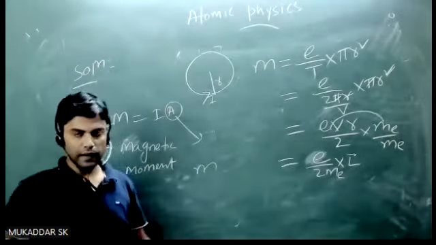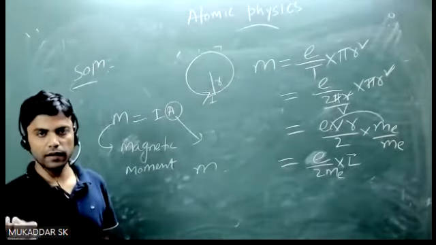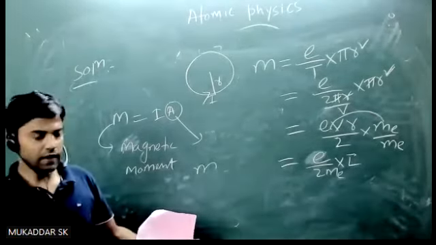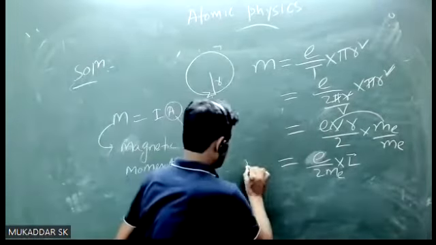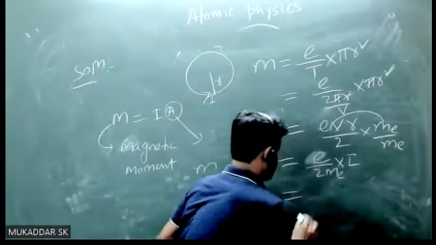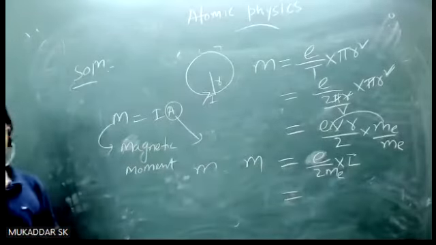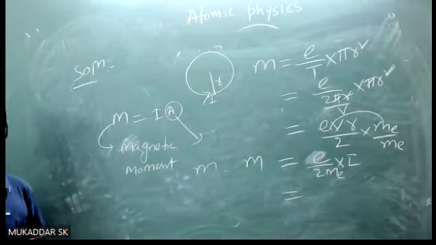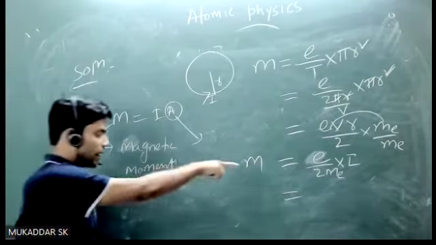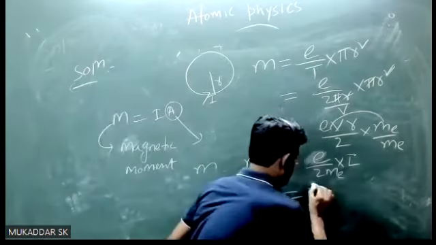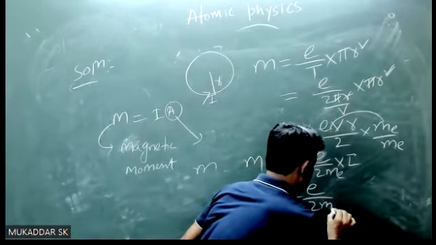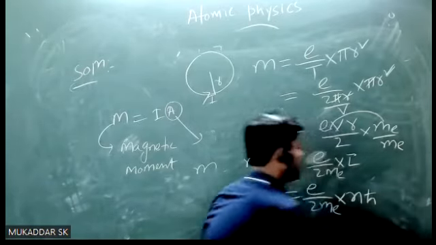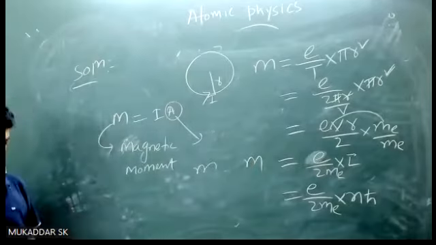And you know that orbital angular momentum for the nth orbit is nothing but n h cut. So this is the electronic magnetic moment, originating due to the motion of electron, which is e by 2m_e times angular momentum, and since it is orbiting at the nth orbit, the angular momentum should be n h cut. Okay?